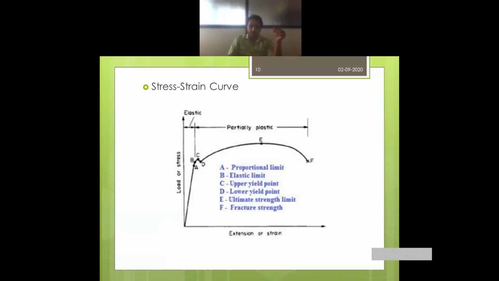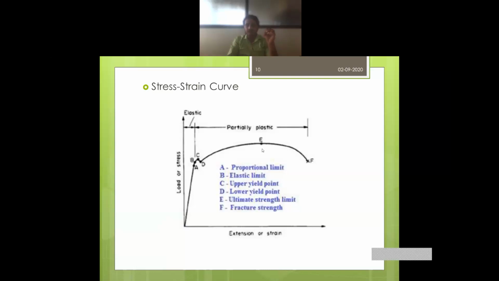Okay, so what we can understand here is that up to the elastic limit the curve will be linear and it will reach the yield point. After the yield point it will further take the load and it will deform. The strain will also increase, but the curve will not be linear. We call it non-linear deformation.